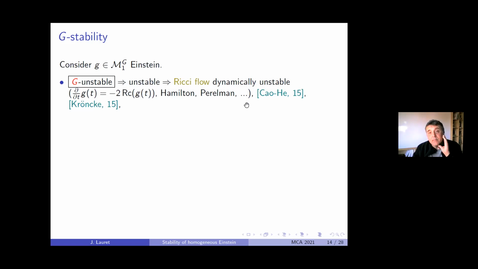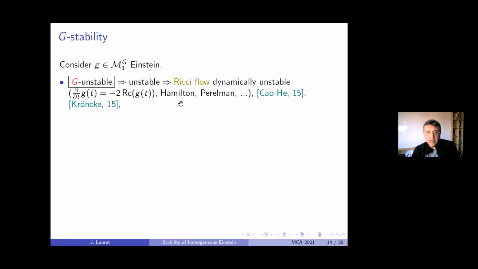And then by result of Kröncke and Kröncke, you also get this Ricci flow dynamical instability. And it's very interesting. This Ricci flow is a famous curvature flow.